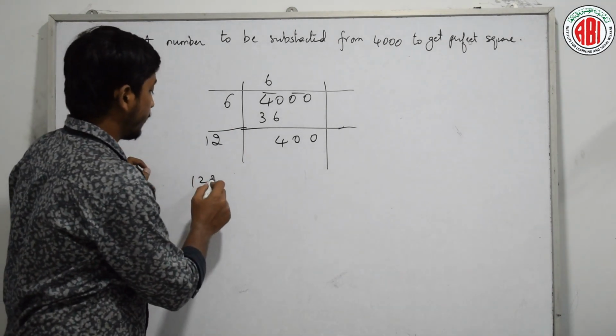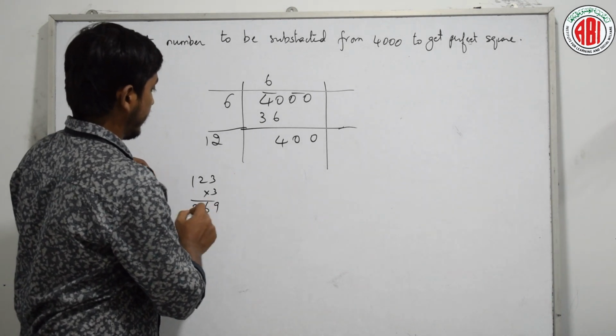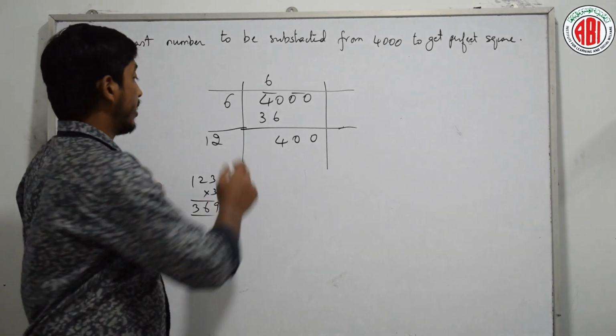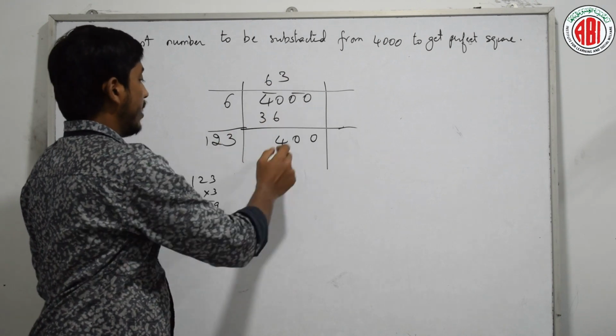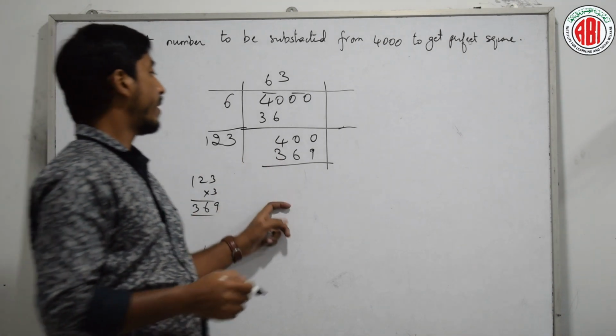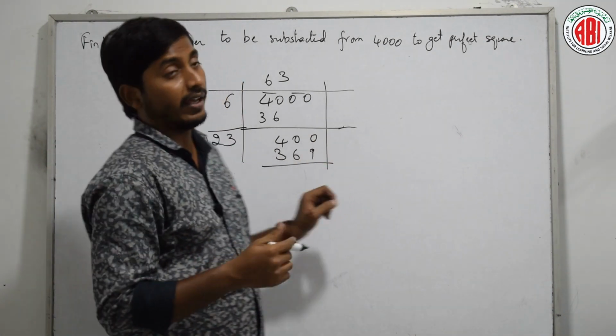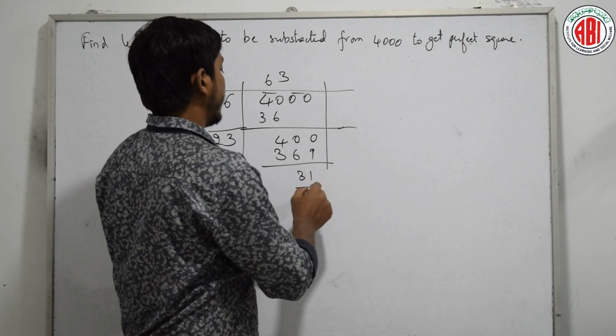Same as our division. 123 threes are? Tell me what do we get? 3 threes are 9, 3 twos are 6, 3 ones are 3. Is it okay? That is 123 threes are 369. Okay. Now subtract and tell me how much do we get after 369? We get 31.